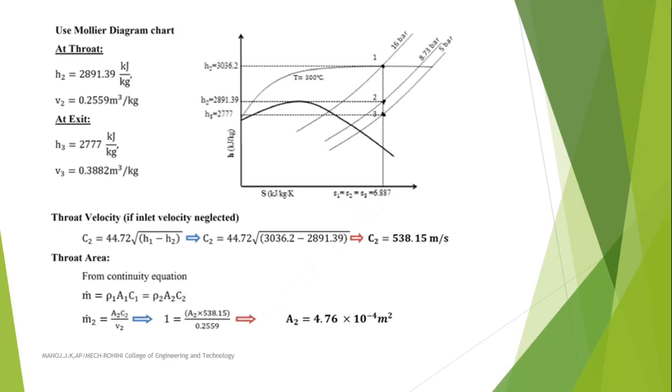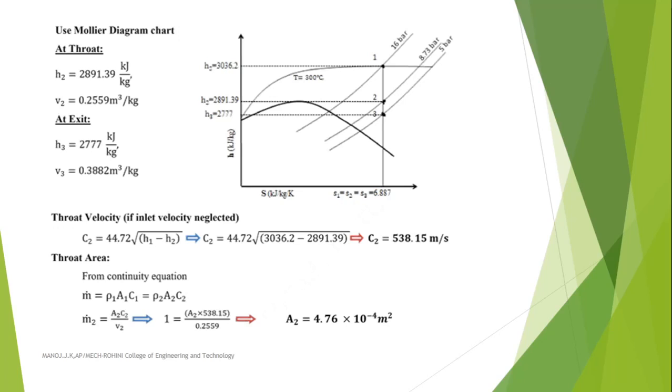If c1 is not given in the problem, it will be neglected. The formula becomes root of 2000 into h1 minus h2. Always remember, in the case of a convergent divergent nozzle, we need to divide the nozzle into two parts: first inlet to throat region, then throat to exit region.